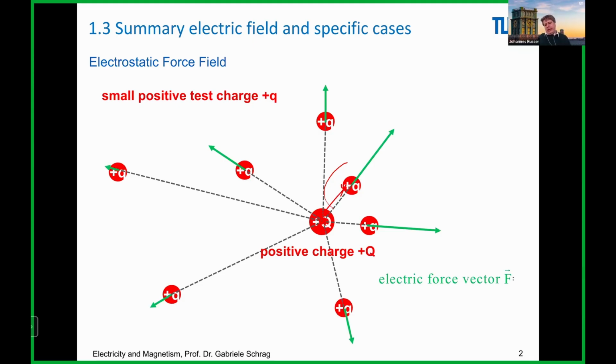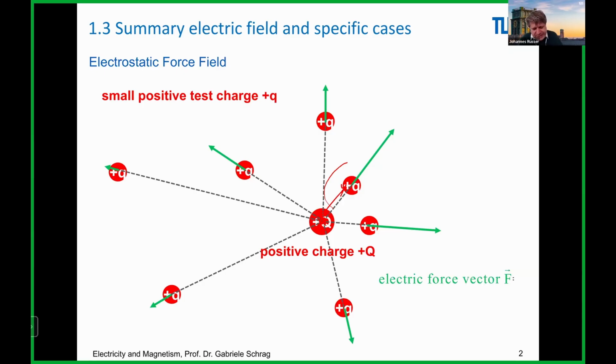Also, we know that according to Coulomb's law, the closer the test charge is to this charge in the center, the stronger the force will act. So when you want to visualize this force vector here, then this force vector always originates at the point where it actually is.